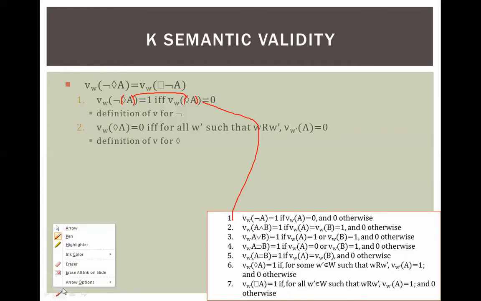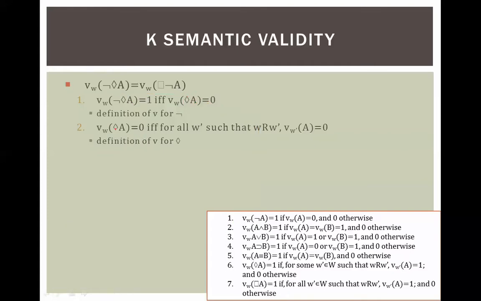And then possibly A is false if and only if for all worlds that W relates to, A is false. And that's the rule for this down here, right? So remember, this rule is if there is some world that W accesses where A is true, then possibly A is true. And if there's not any world that W accesses where A is true, then possibly A is false.